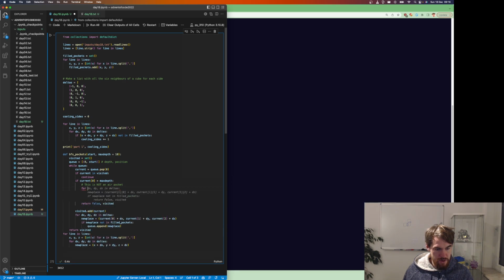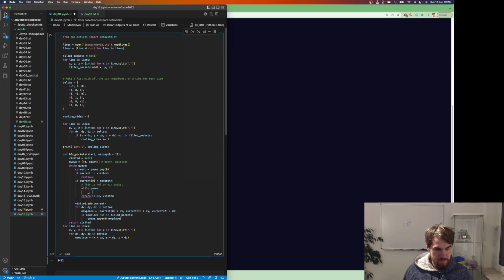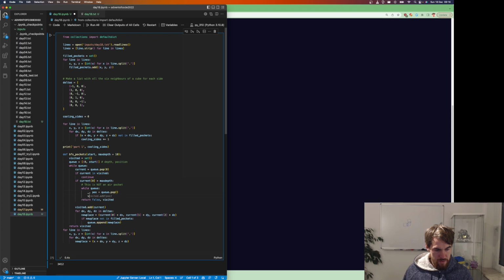Then we can say while q.pop, then we know for sure that it is not an air pocket. Known outside, known lava, and known outside.